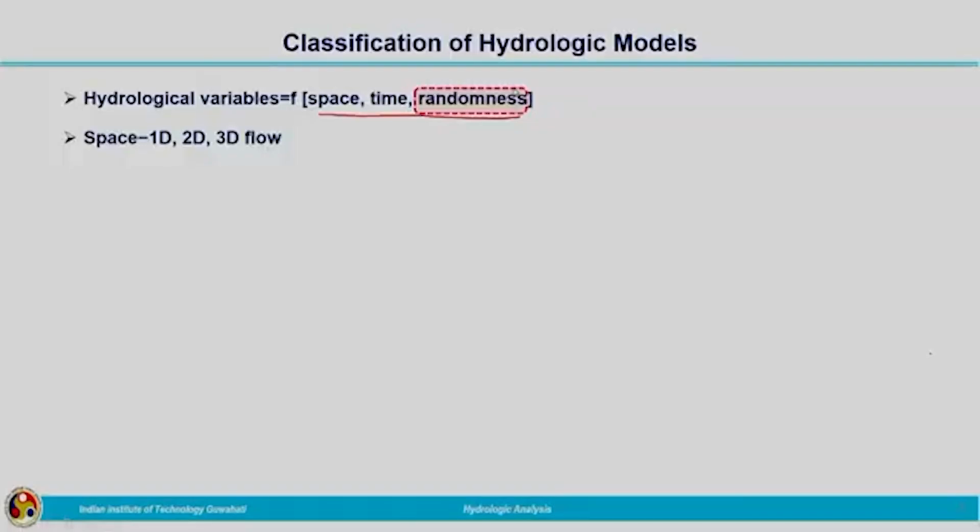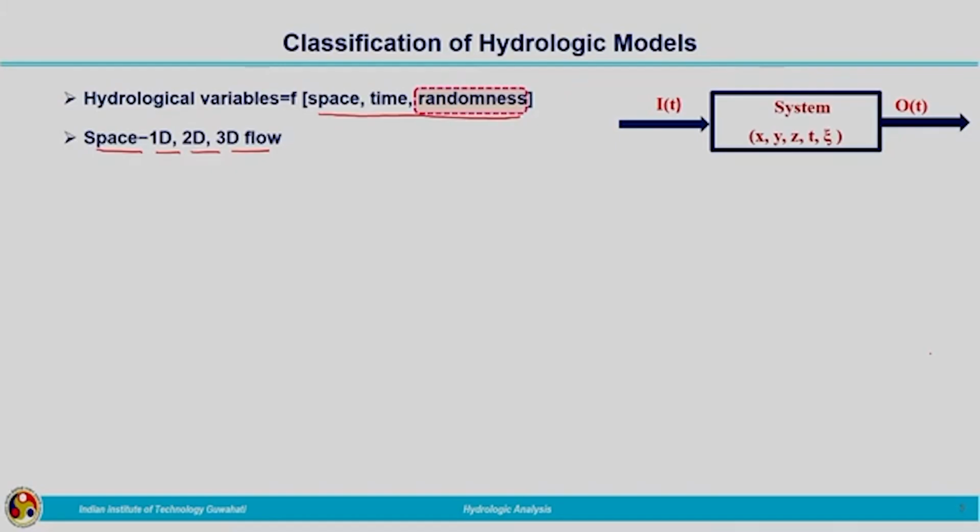So, in a catchment at a particular location, we cannot forecast that the rainfall will be exactly of this much amount. And when we talk about space, it can be 1D, 2D or 3D. That is one dimensional, two dimensional or three dimensional. For certain types of studies, one dimensional models will be giving sufficient answers.